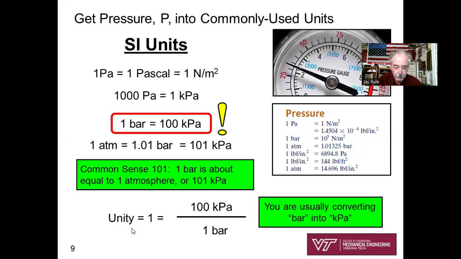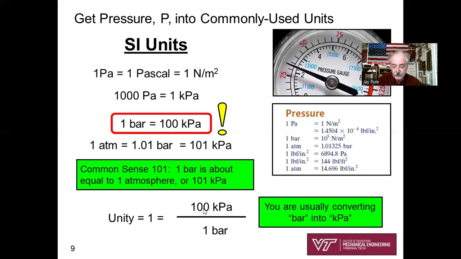So in much of your problem solving, 1 bar, also common sense, 1 bar is just about, it's off by 1%, 1 bar is just about equal to 1 atmosphere. So 1.01 bars is 1 atmosphere.